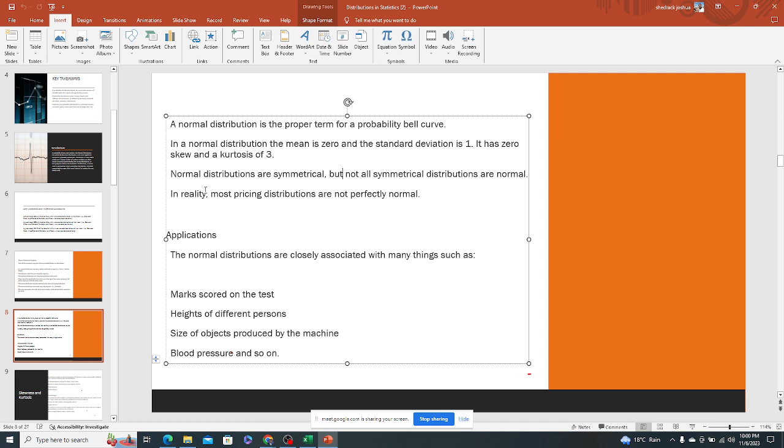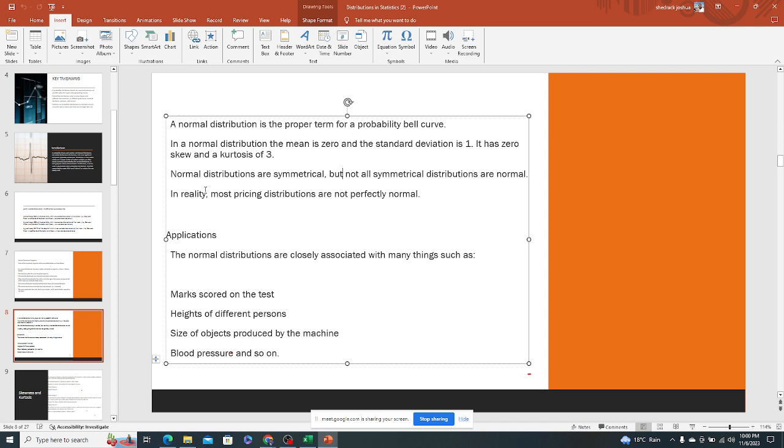We'll have a few students who score above average, the majority of students who are average, and a few bottom or low performers.